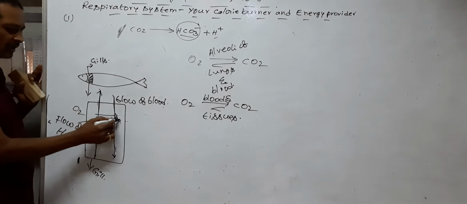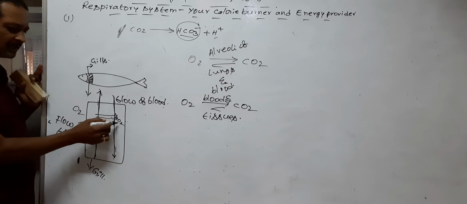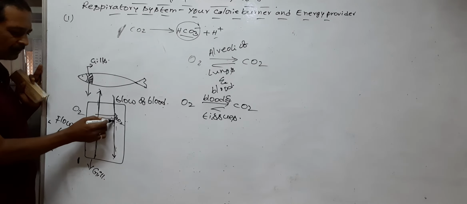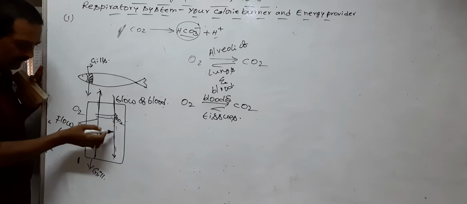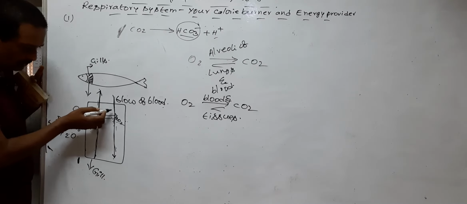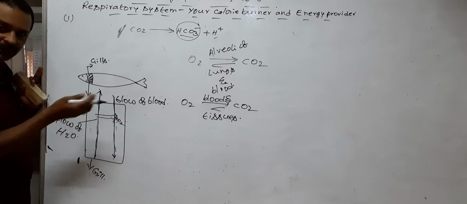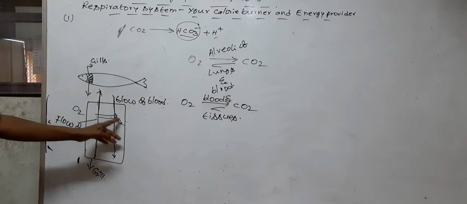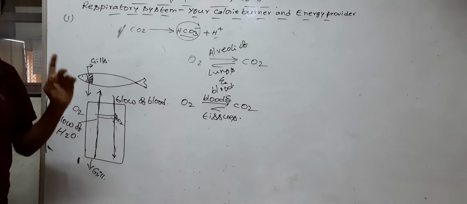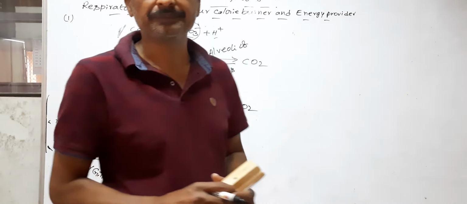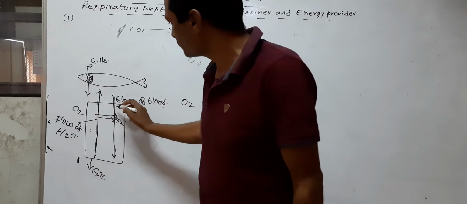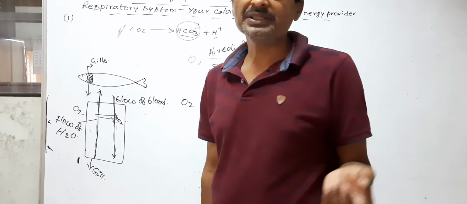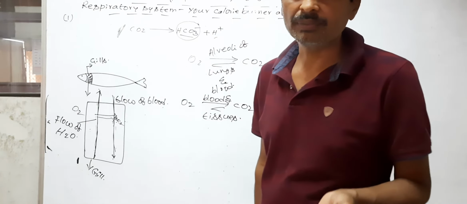Now, this blood is oxygenated. So the oxygenated blood flows away from the gills. So a large amount of oxygen is diffused in the blood. So the counter current is for efficient oxygenation of blood.